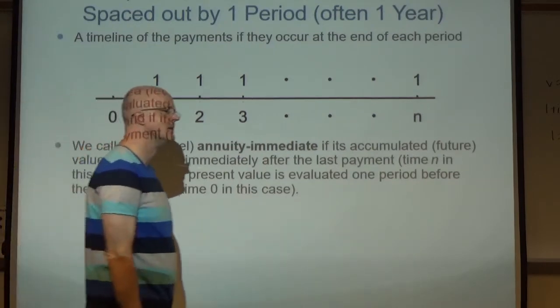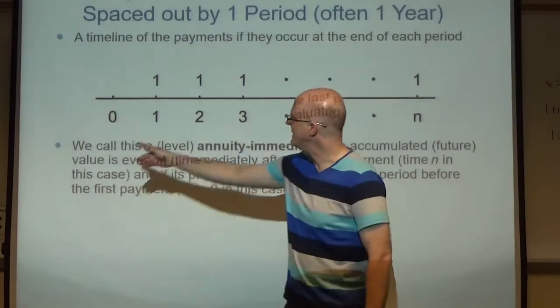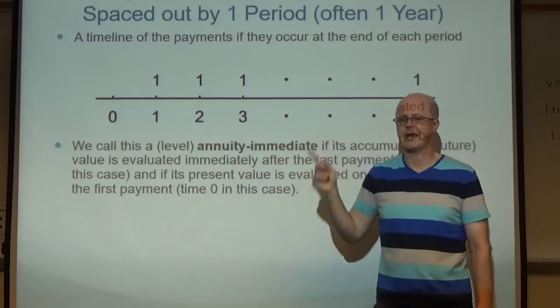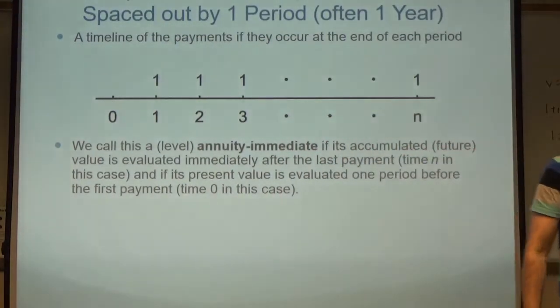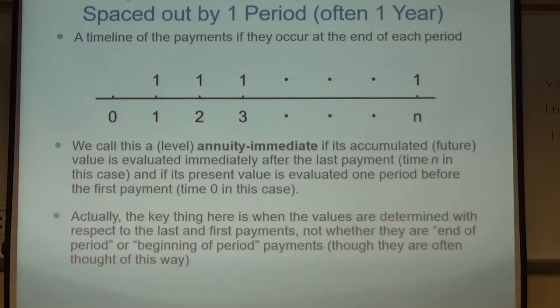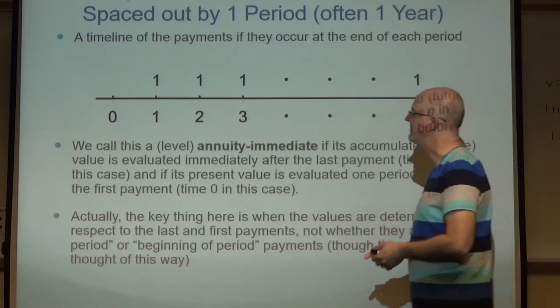Okay? But the labeling of the time is not so important as when you are evaluating the value of the annuity. And I say that here. The key thing is when the values are determined with respect to the last and first payments, not whether they are at the end of the period or the beginning of the period, though they are often thought of this way.